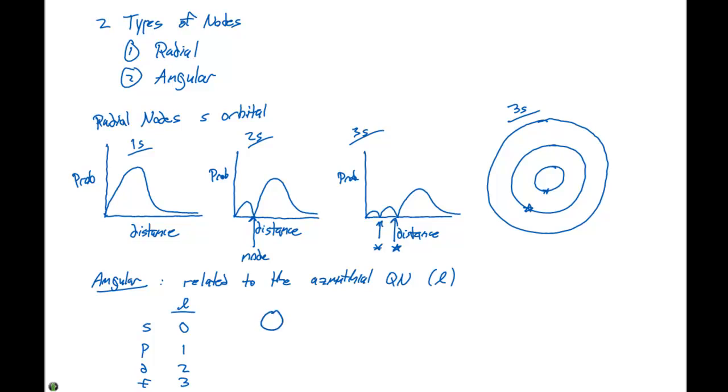If we have an s orbital, it's completely spherical. There are 0 angular nodes.